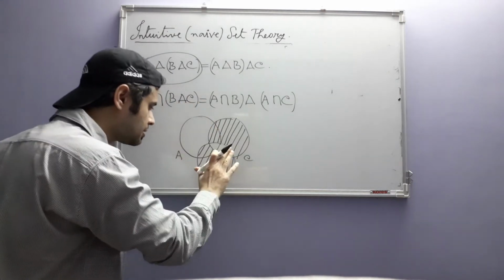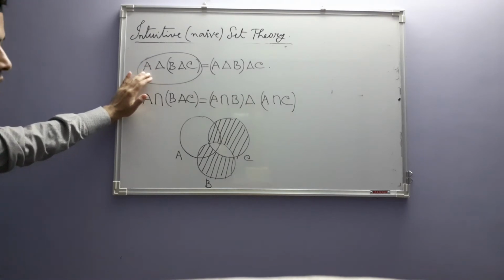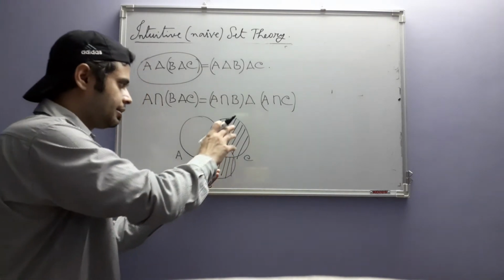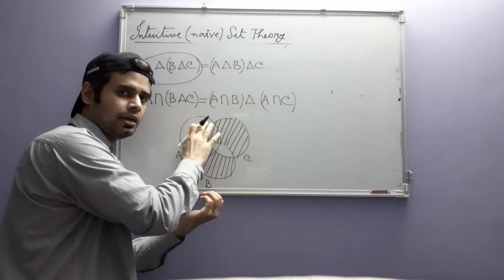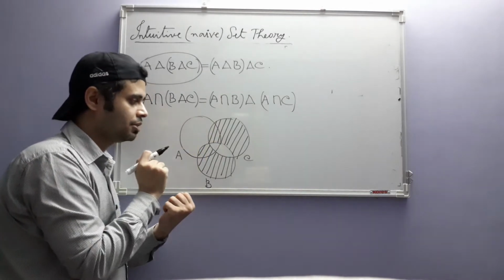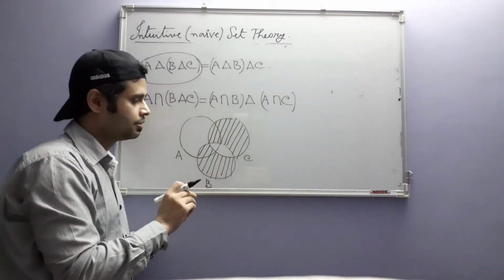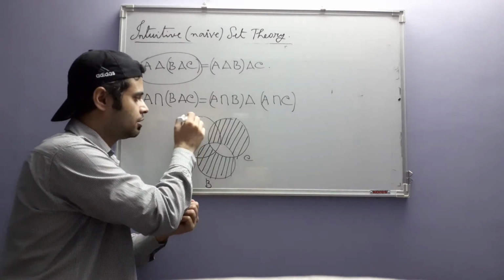Now with this set, we are taking the symmetric difference of A, which means I take the union of this set along with A and subtract the common part between A and B delta C. So if I draw the union, how would the union look like?